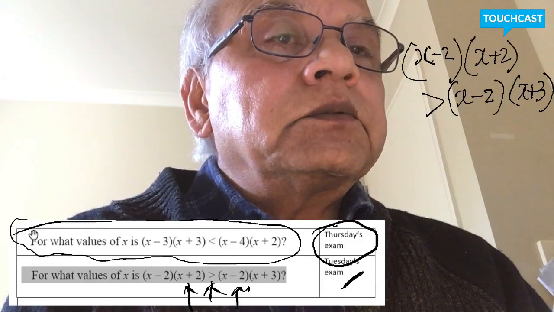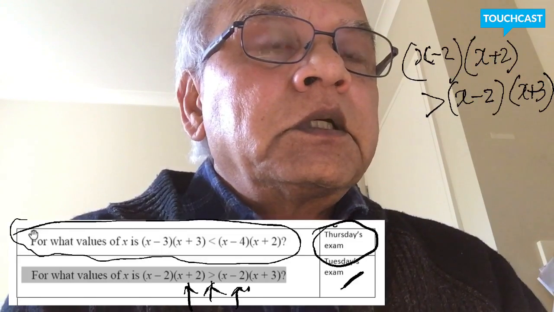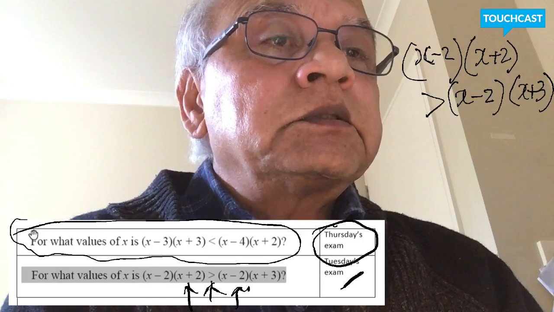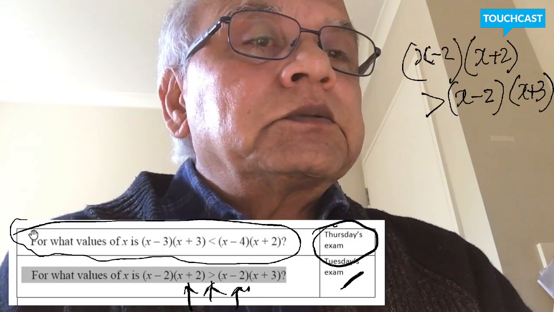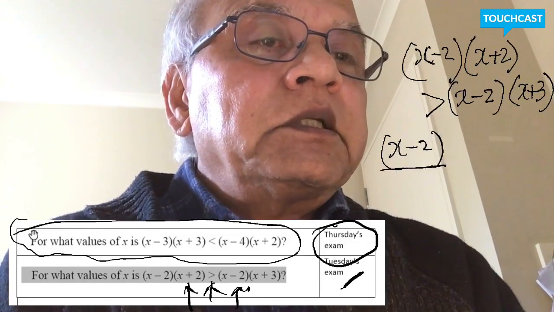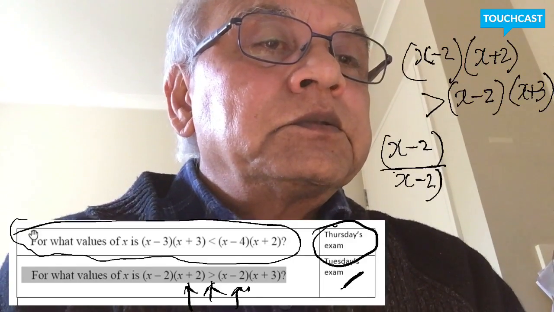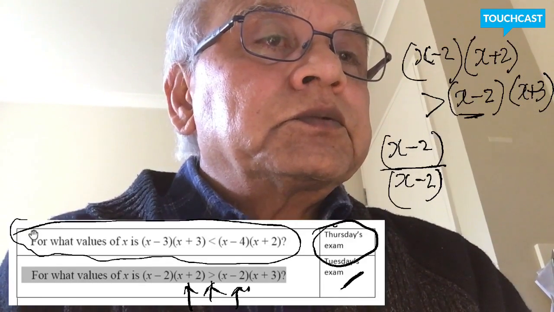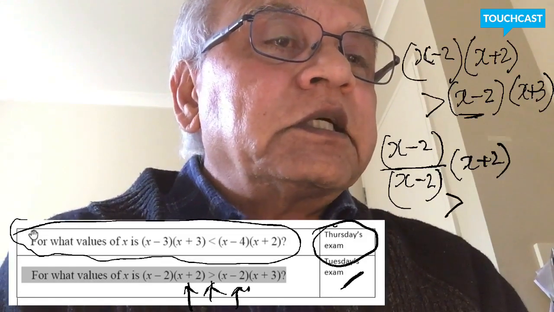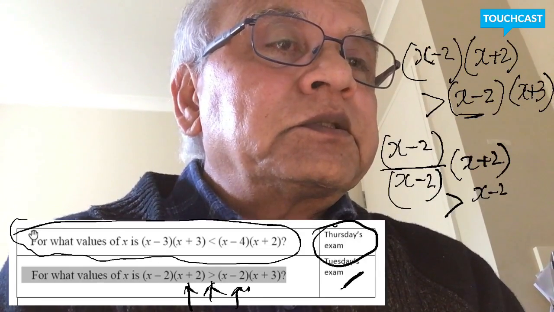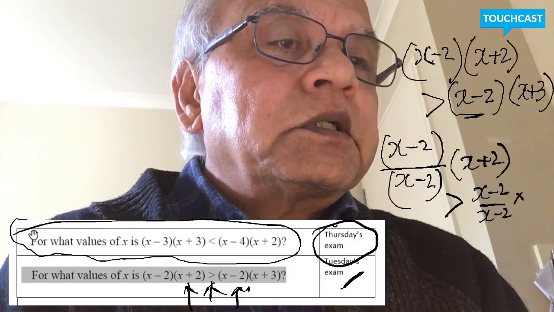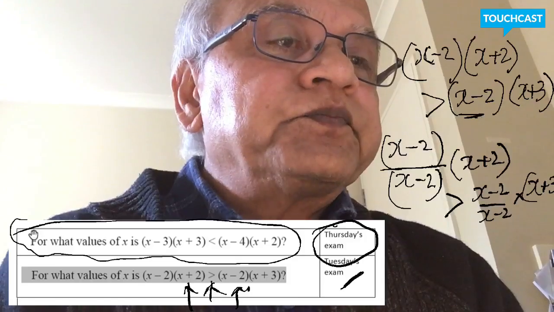See, we have a tendency of tidying up the thing, cancellations. So we might try to divide x minus 2 by x minus 2, times it by x plus 2, which is greater than x minus 2 divided by x minus 2 and times it by x plus 3.